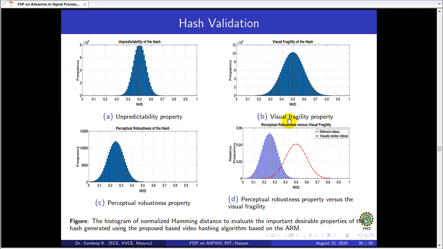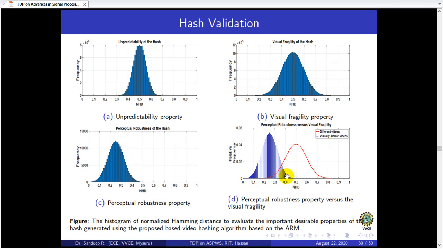But you can see that when I overlap the histograms obtained for the visually similar videos and the visually different videos, there is still overlap, but the overlap is reduced very much, and hence there are fewer misclassifications.